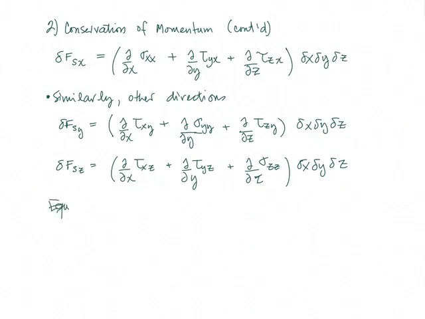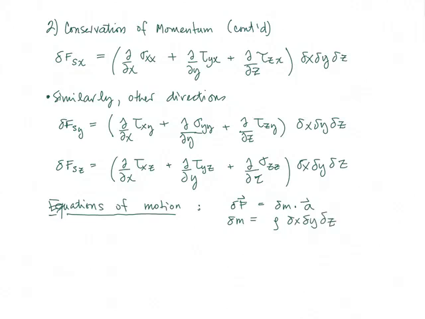We can finally write the equations of motion, and this is just a physical argument based on Newton's law rather than a mathematical derivation. Remember that we had that df is equal to dm times a. So we can do that in each direction, taking into account surface and body forces, the weight, with, of course, dm equal to rho times the volume, dx, dy, dz.